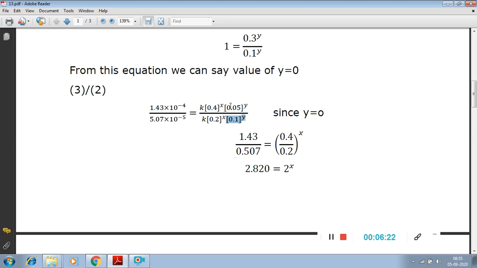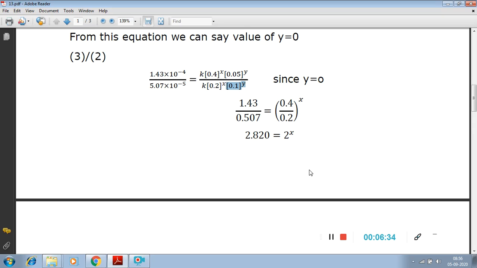So I have not written that values here. Only this much value will be left, 0.4 divided by 0.2 whole raised to x. Now this division you will get 2.820 is equal to this division 0.4 divided by 0.2, that is 2 raised to x.